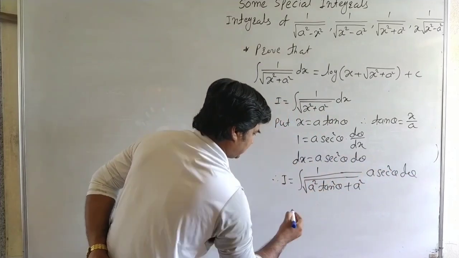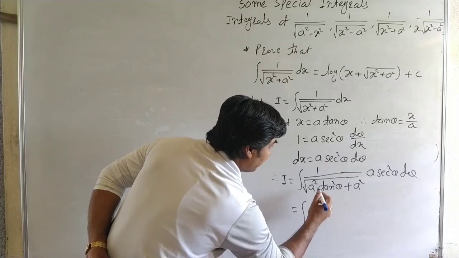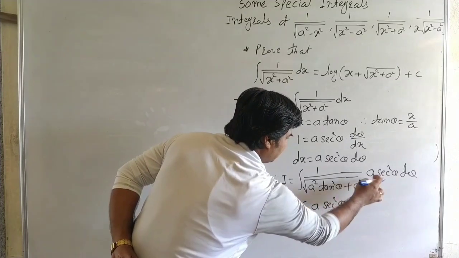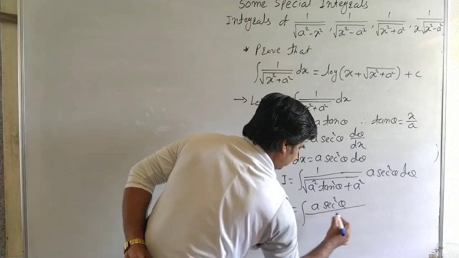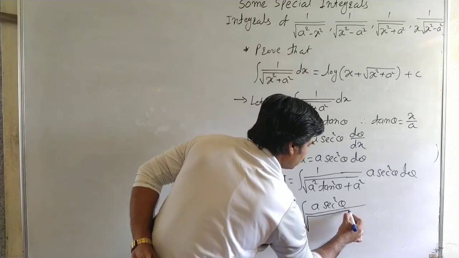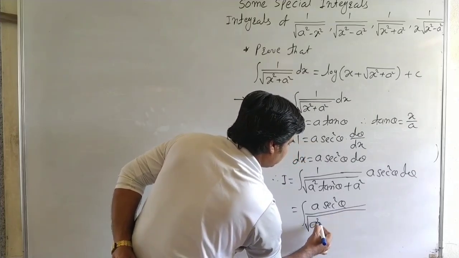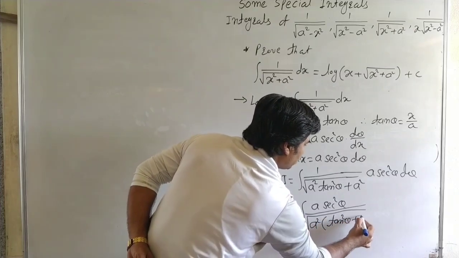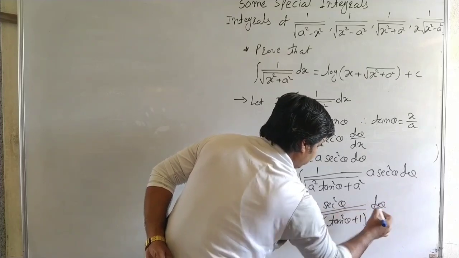Then the integral of a sec square theta upon under root of a square common, we get tan square theta plus 1, d theta.